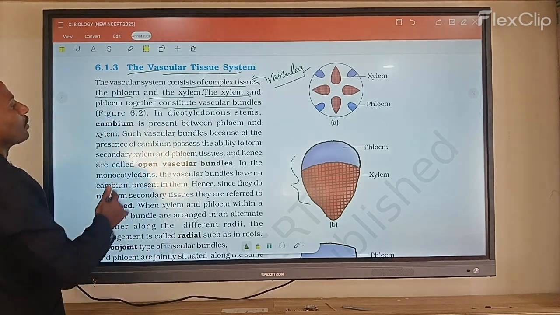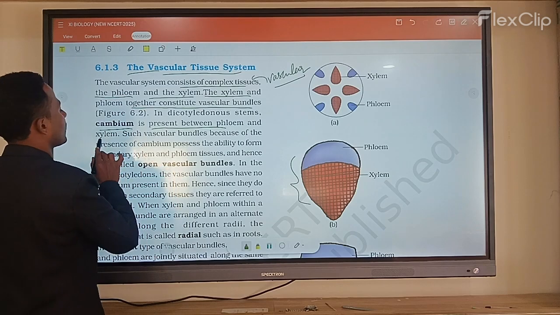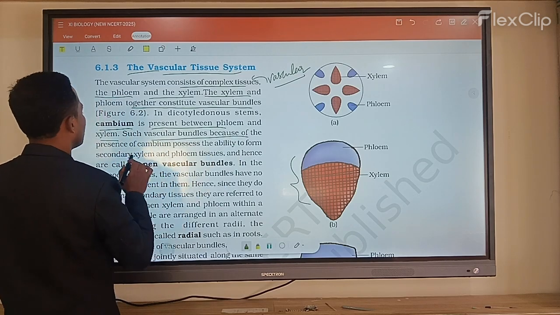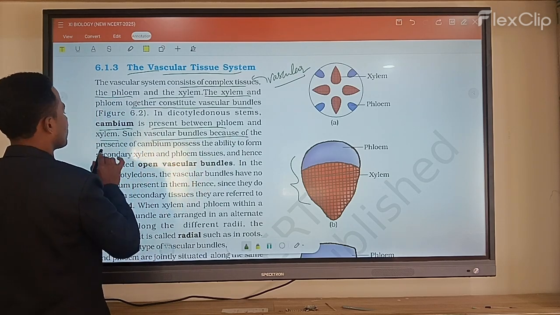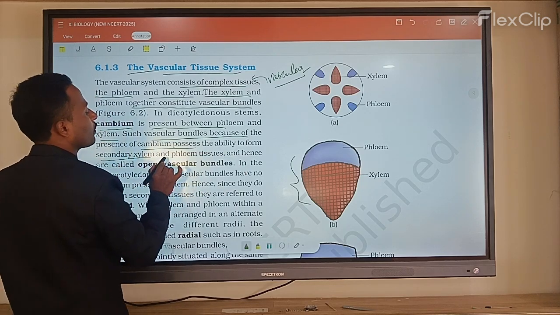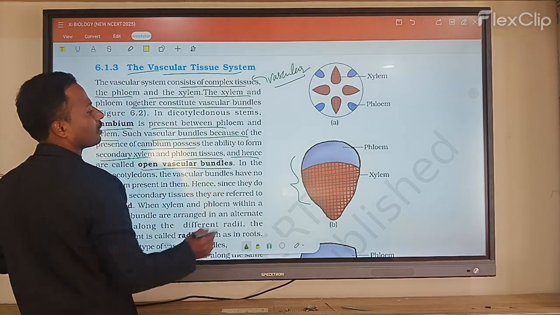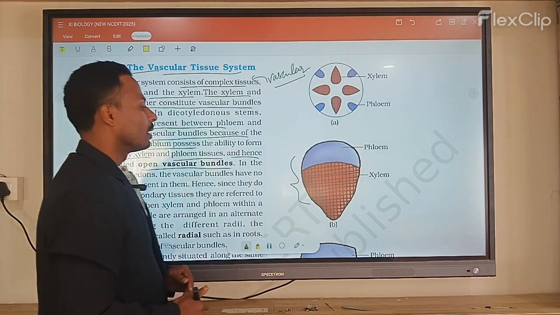Am I right? Now in the dicotyledon stem, the cambium is present between the phloem and the xylem. Such vascular bundles, because of the presence of the cambium, possess the ability to form secondary xylem and phloem tissue, hence they are called open vascular bundles.